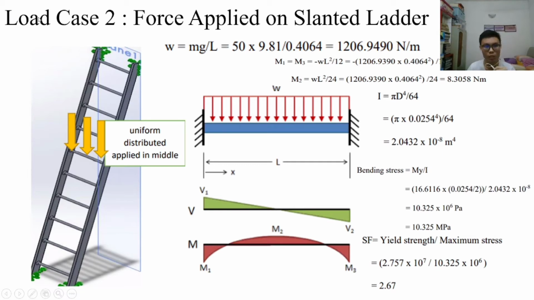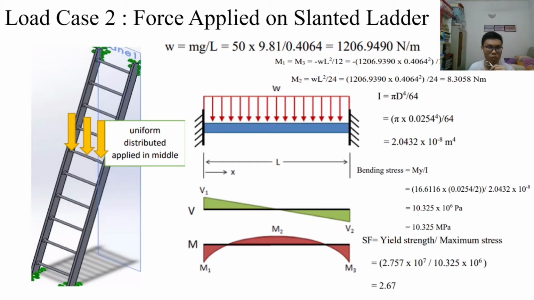I will be presenting load case 2, which is the force applied on the slanted ladder in our project. As you can see from this picture, this is the slanted ladder. We chose a slanted ladder because we rarely see someone climb a ladder when it is very straight.